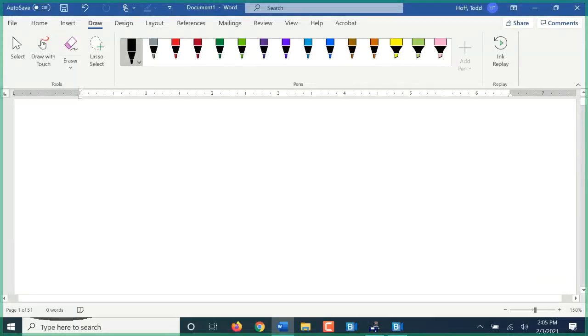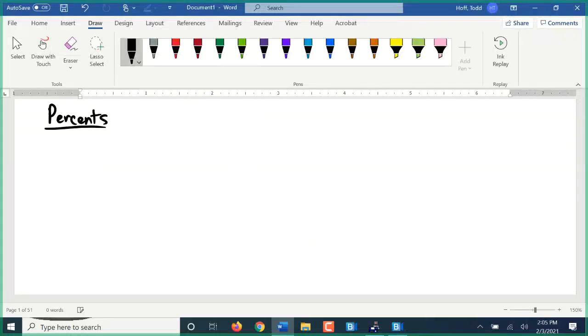So today we're going to go on to the next logical step after decimals. That's percents. Now, percents is a smaller case. It's an application of a larger topic called ratio and proportion.